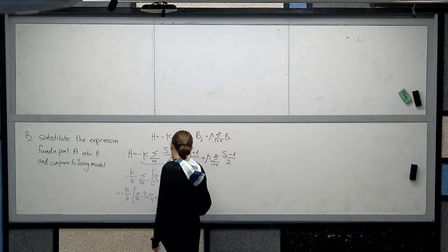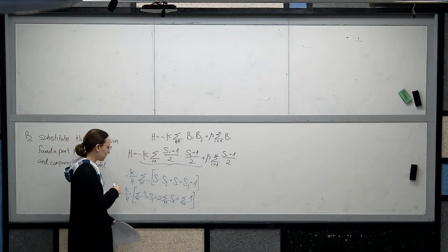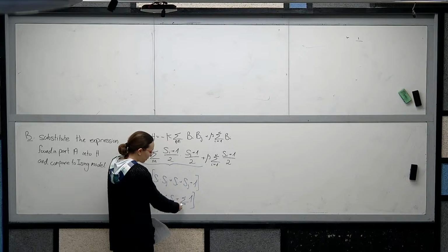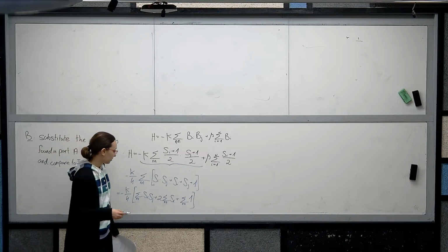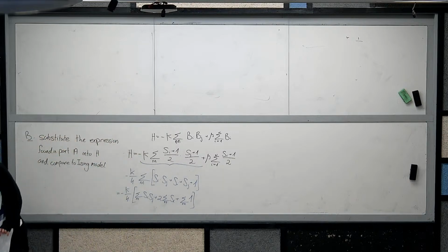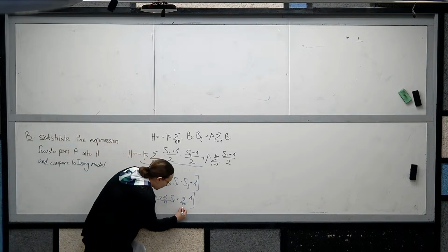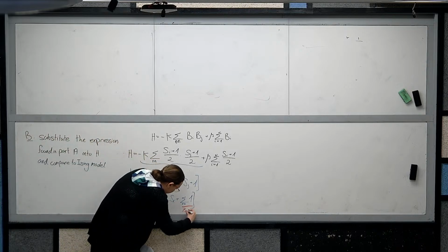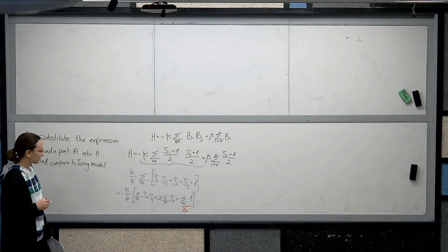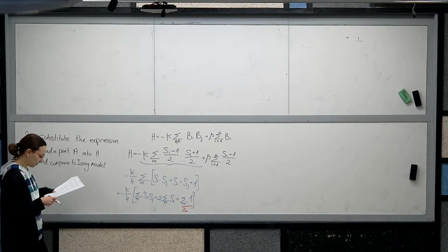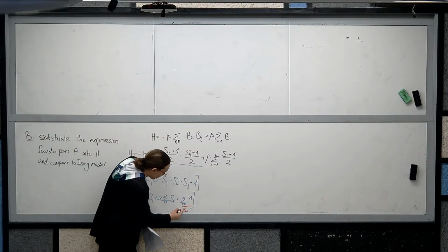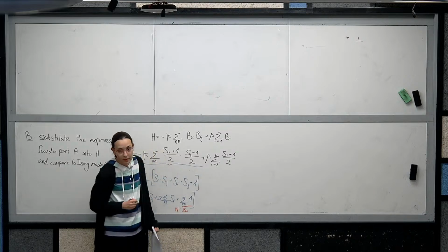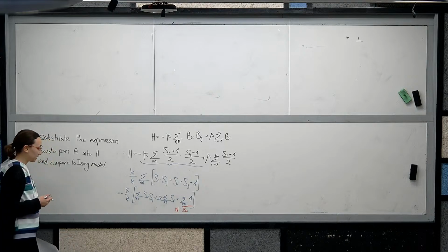Okay, so let's start from the easiest to the hardest. The sum on the nearest neighbors of the number 1 will just give us the number of nearest neighbors, z, times the number of atoms in the lattice, n, since for each atom we're summing on the nearest neighbors.